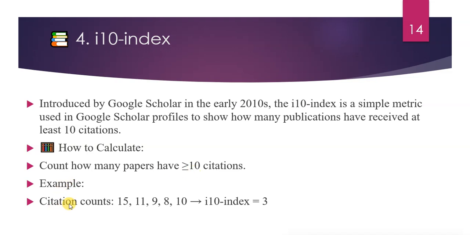For example, suppose citation counts are 15, 11, 9, 8, 10. The I-10 index will be 3 because 3 papers have citations more than 10. Very simple.